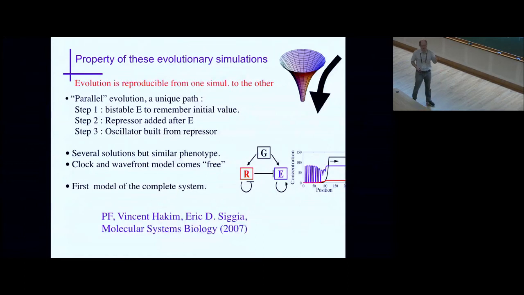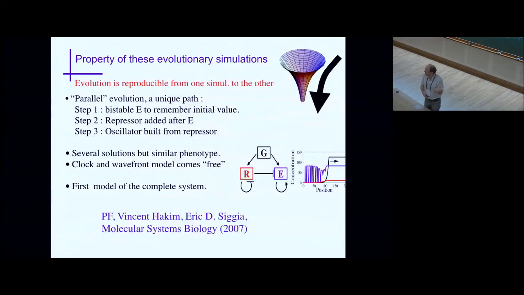And it tells you something about real biology. This is something that is very systematic in all the evolution simulations that we have been doing. Whenever we select for a complicated phenotype, very often we get results where some things that you actually observe in biology, that you have not selected for, appear for free. So for instance, the clock appears for free.